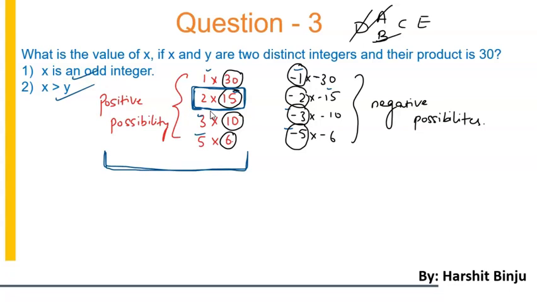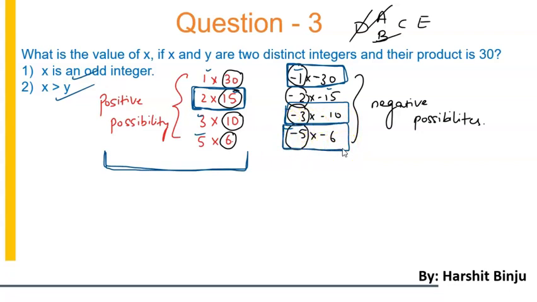Now if you take the negative part also into consideration, then apart from 2 comma 15, you will have negative 1 and negative 30, negative 3 into negative 10, and negative 5 into negative 6, also part of your solution.